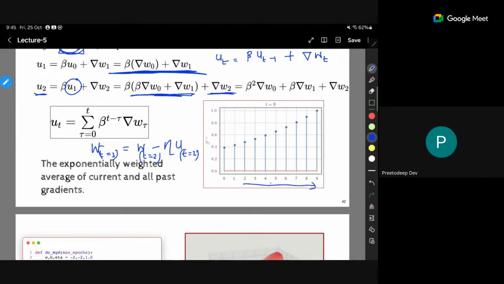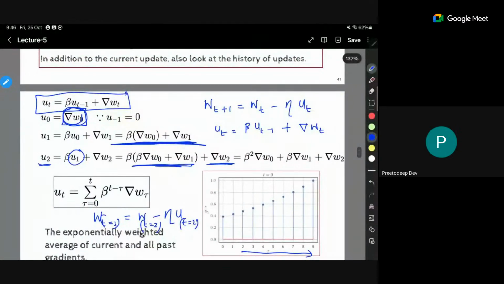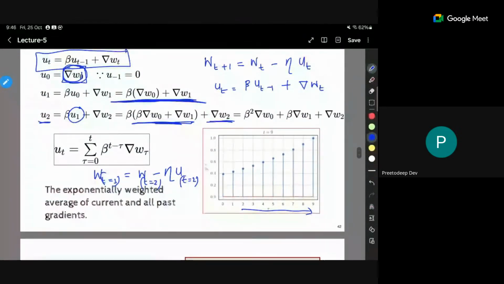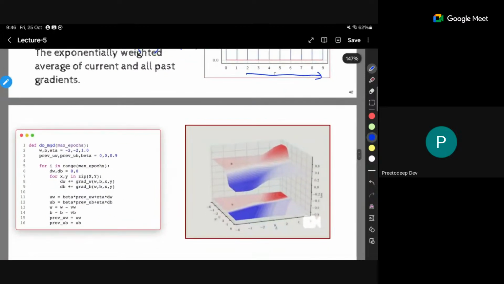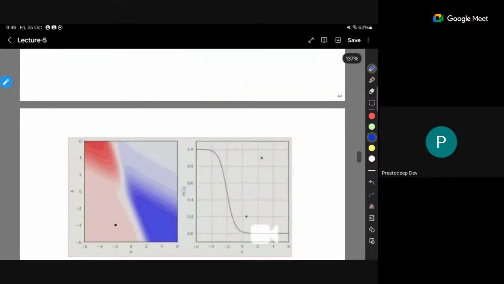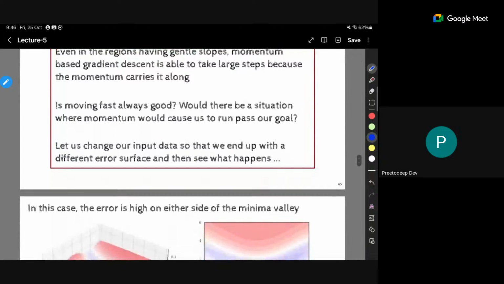Okay, so whatever W0 we computed, initially it has a lot of say in the updates, but then gradually it will decrease as we do more and more iterations. W0 will now contribute very little at higher iterations, right?